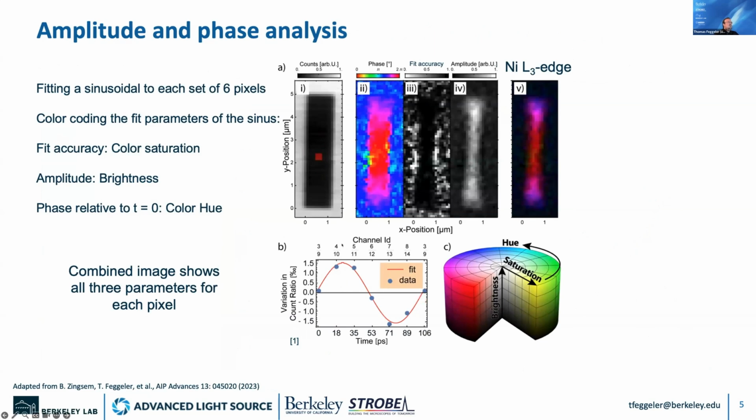What we are doing now is taking the resulting final set of images after the difference of the microwave on and off data, and fitting a sinusoidal to each pixel row of images, and then color code the phase as the color hue, the fit accuracy as the color saturation, and the amplitude as the brightness.